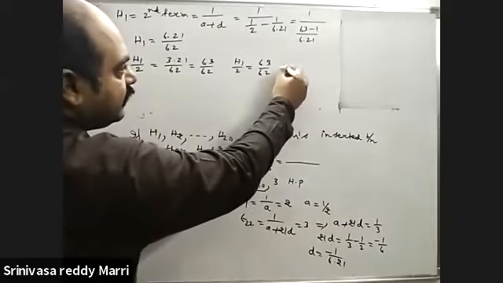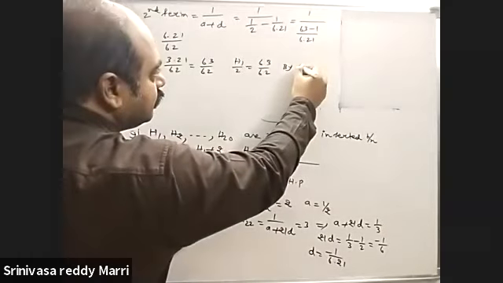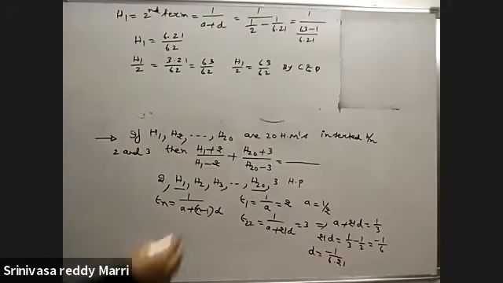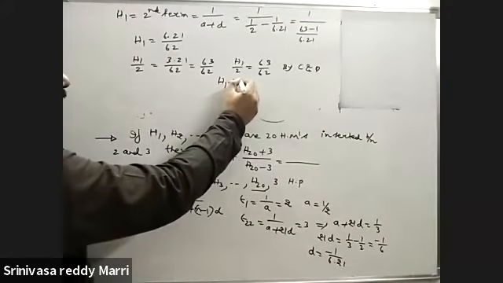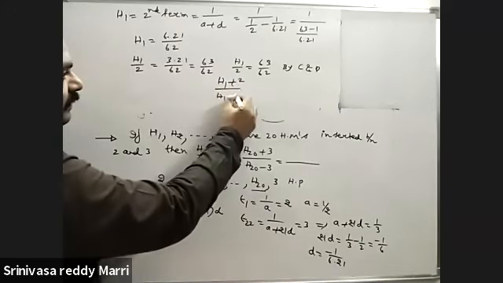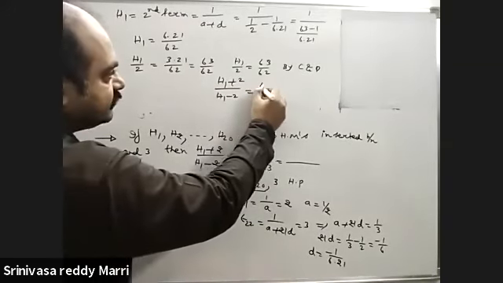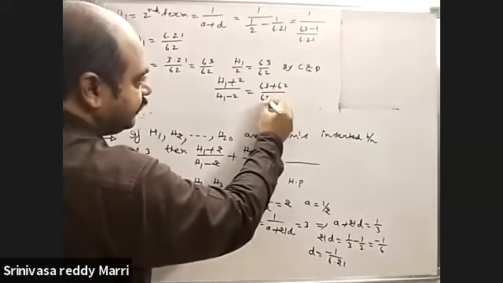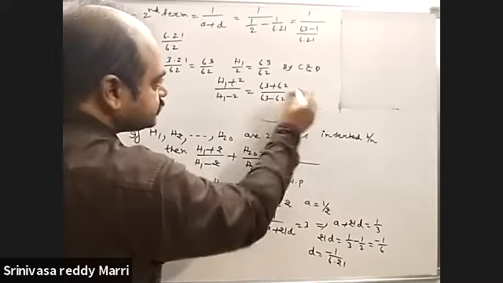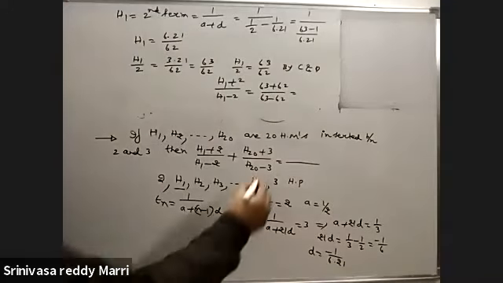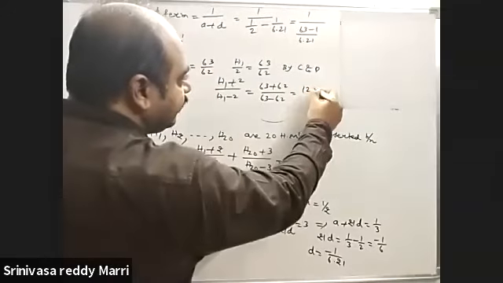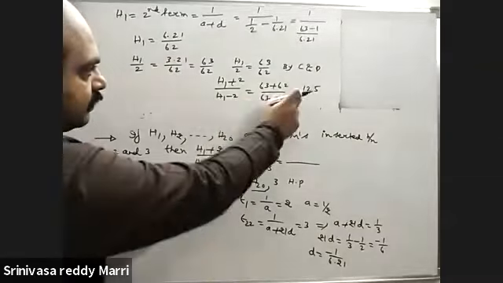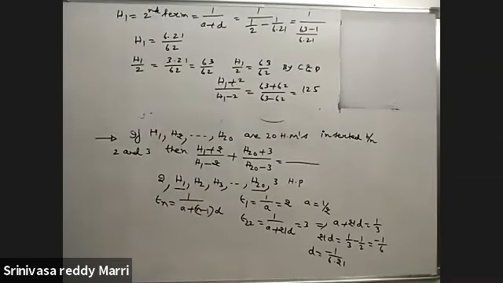By componendo and dividendo, H1 plus 2 divided by H1 minus 2 equals to 63 plus 62 divided by 63 minus 62. That means this is 125 divided by 1. So this value is nothing but 125.